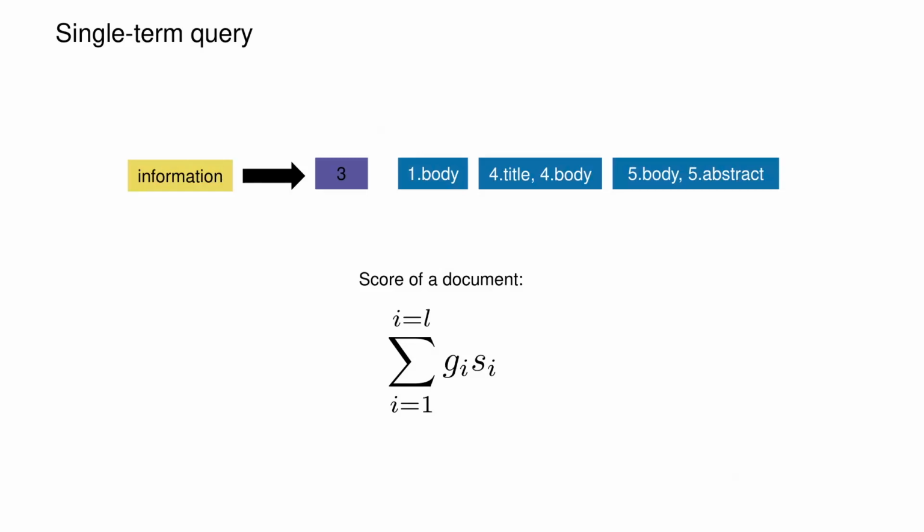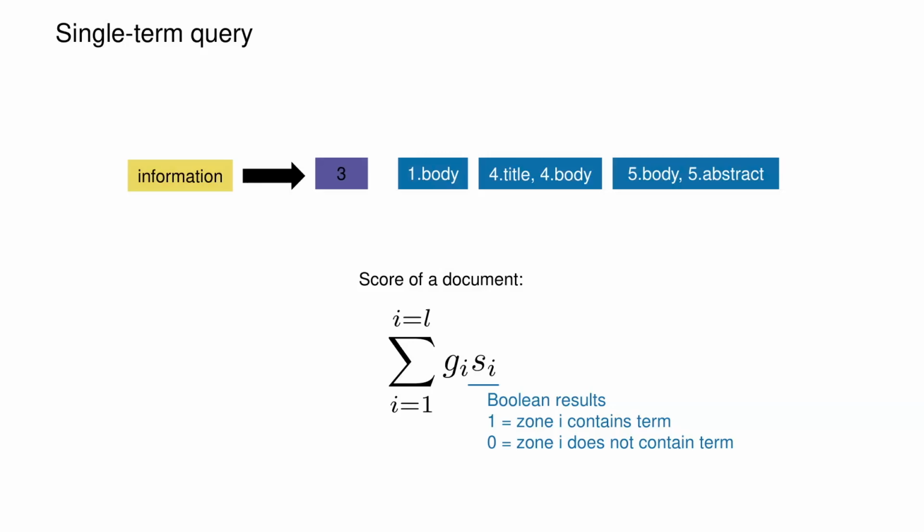So the weights would be in vector G, and S is a Boolean that says, yes, it is in that zone, or no, it's not in that zone, right? So the zone weights are in g_i, and the Booleans are in s_i. So what it results into is, in fact, that you sum up those g_i for which s_i is true.